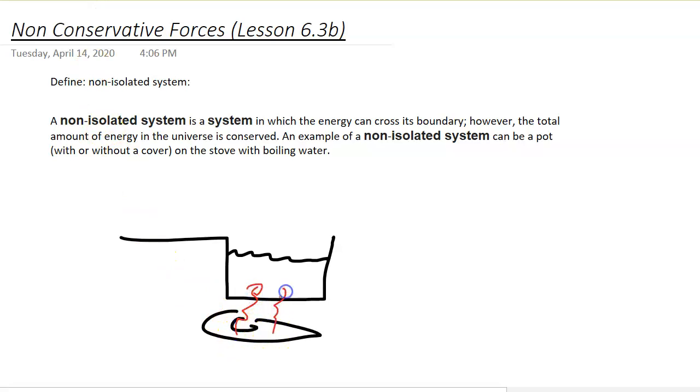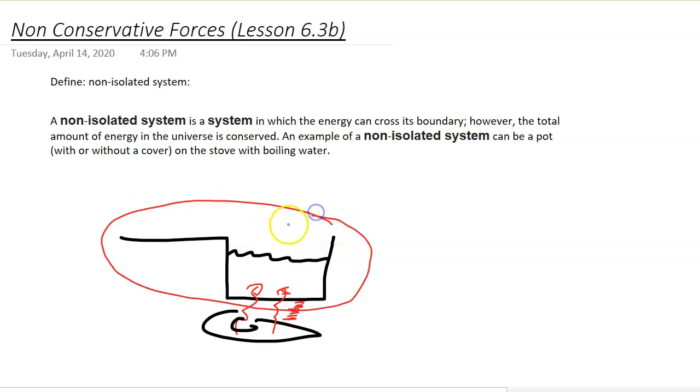It's coming through by radiation and potentially even some conduction. And so if the system you are considering is just the pot of water, this is non-isolated because the amount of energy that this pot of water has is not going to remain constant.